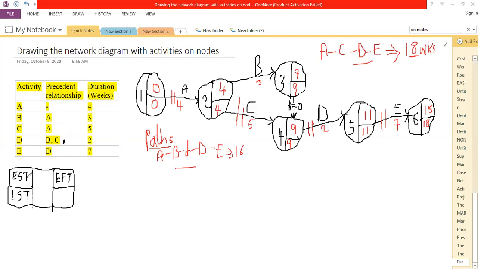The earliest start time, the first portion of our rectangle, then the latest start time. And these are the figures that we had already indicated on our circles. The earliest that A would start is at 0, the latest that it would start is at 0 time. The earliest that we can finish the activity is at 4 weeks, and the latest that we can still finish the activity is at 4 weeks. So I'll call it the LFT.